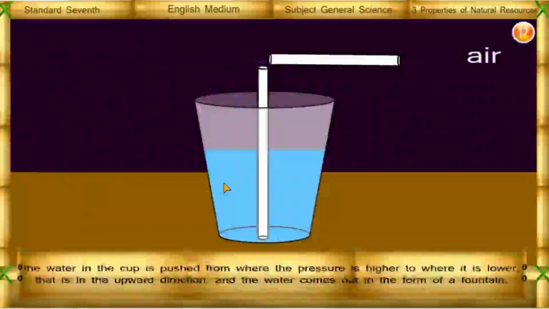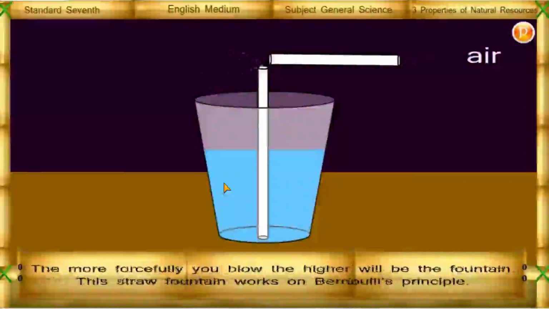That is, in the upward direction, and the water comes out in the form of a fountain. The more forcefully you blow, the higher will be the fountain. This straw fountain works on Bernoulli's principle.